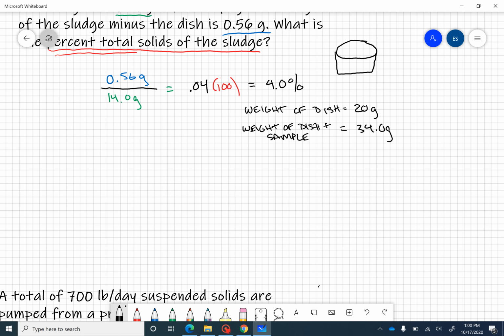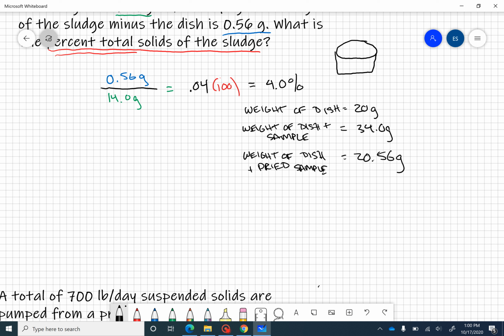And then you would be given the weight of the dish plus the dried sample. And that, of course, would be 20.56 grams.